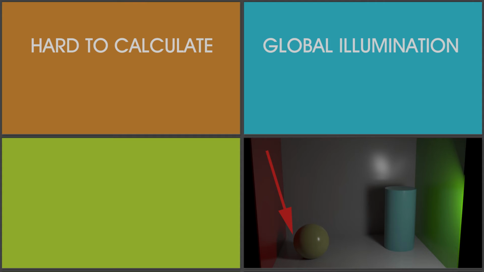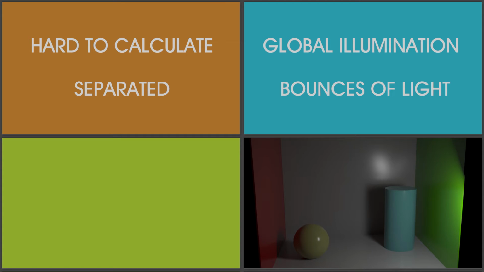Okay, now let me talk about global illumination, which is an effect that is pretty hard to calculate. So that's why we got this effect separated. Global illumination is the effect of the bounce of light in all the materials that surround our scene.